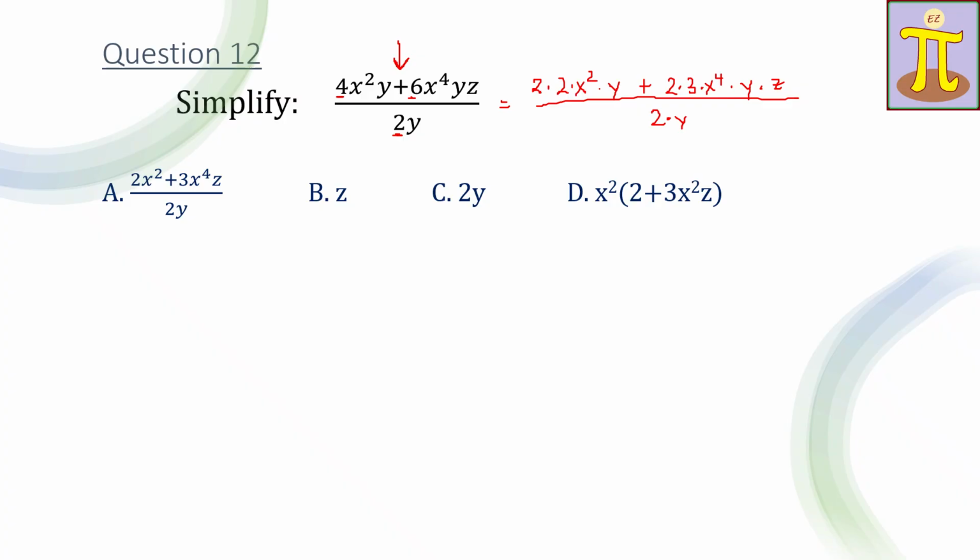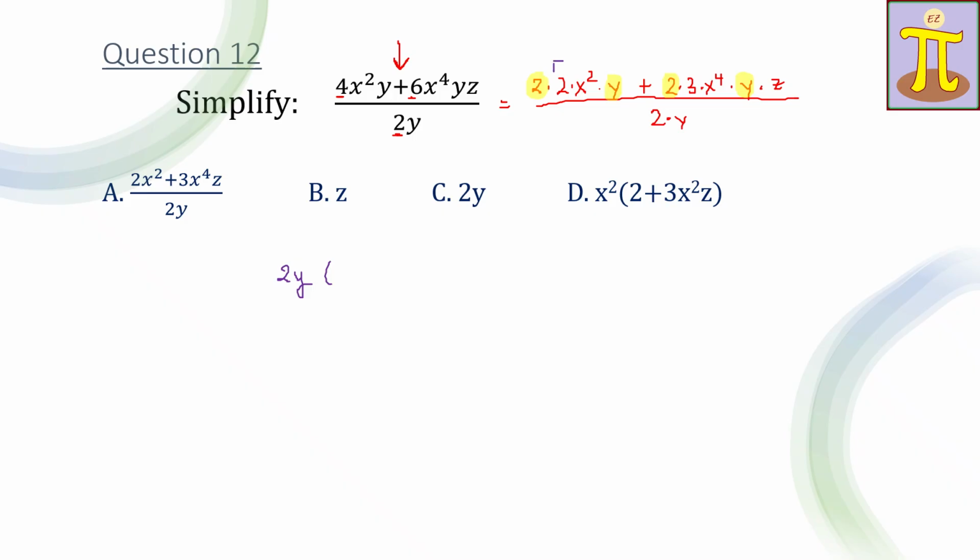Now at the top, we have 2y in common, the factor in common. So we can write that down one more time. We will have 2y in the front, and the leftovers we copy down.